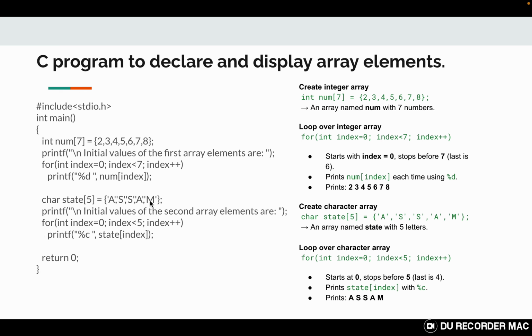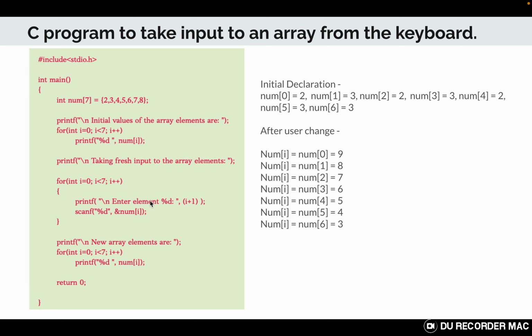Okay, so moving forward, we have another example. This is also from the textbook that you have. What this program does is take input into an array from the keyboard. We have initially declared a particular array, say number, which is of type integer.